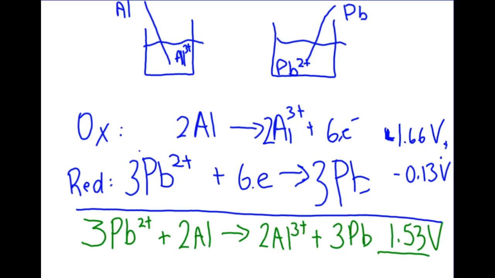Which one of the metal strips is going to be the anode? The anode has to be the aluminum because the aluminum is the site of oxidation.